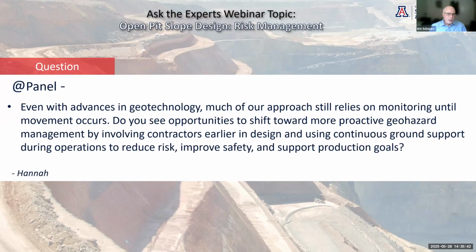By involving contractors earlier, I'm all for trying to get the knowledge base as bulletproof, if you will, as possible, so that there's no question what kind of material you'll be encountering as you mine a slope. So, the whole idea is to prevent surprises, and "mine it till it fails" just doesn't cut it too much.